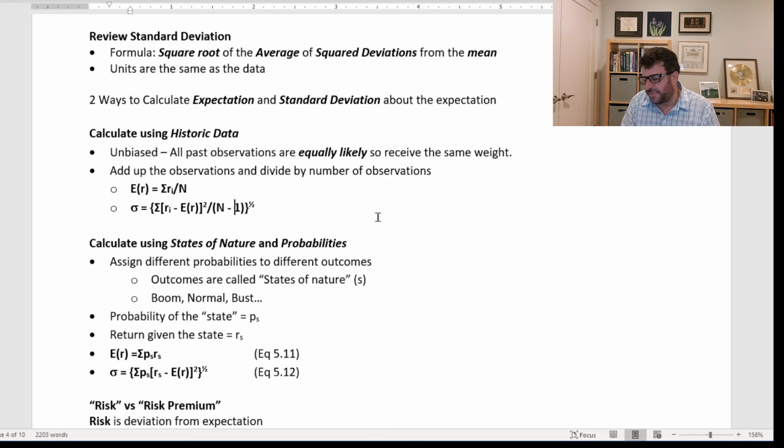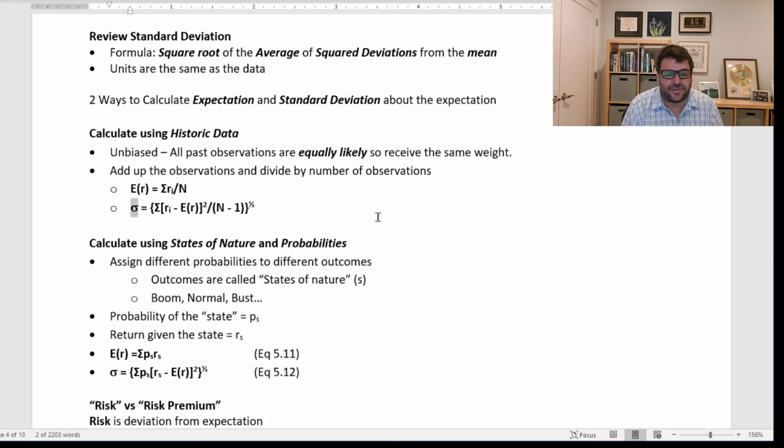Even if a company's only been around for 5 years and I have all 5 years worth of data, since I'm trying to forecast forward, I'm taking a sample of the different conditions that might cause observations, and so it's still a sample. Dividing by n minus 1 as opposed to dividing by n gives me a larger variance and therefore a larger standard deviation, and the confidence interval and the likelihood that I can compute from this statistic would be even larger because I don't know every single possible outcome.